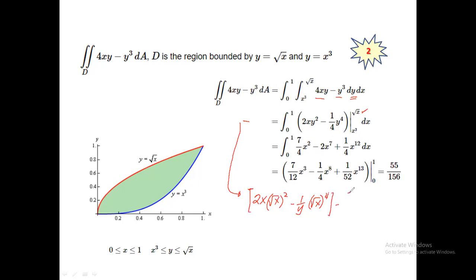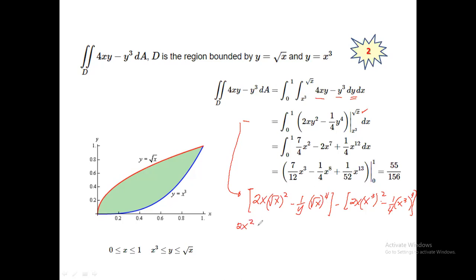So you do the same. 2x, this is x cubed squared. Your y squared, your y is x cubed, it's squared. So that minus 1/4 x cubed raised to 4. Okay? Now, this is x times x, so that would be 2x squared.